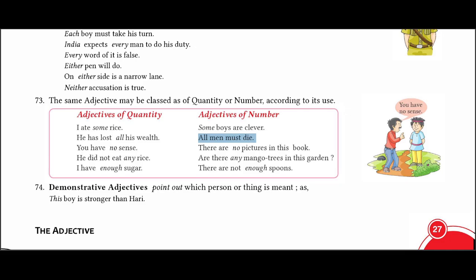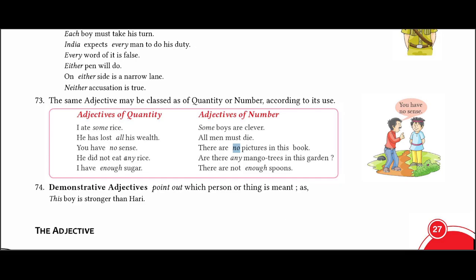You have no sense. No tells the quantity of sense, so it is an adjective of quantity. There are no pictures in this book. So in this statement, no is telling the number of pictures. It is a numeral adjective or adjective of number.